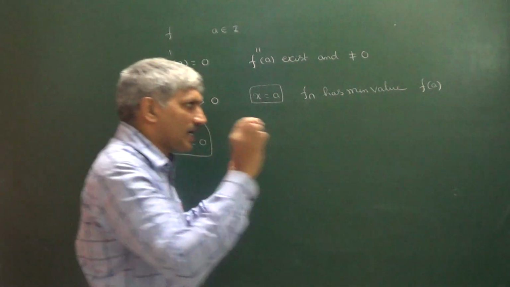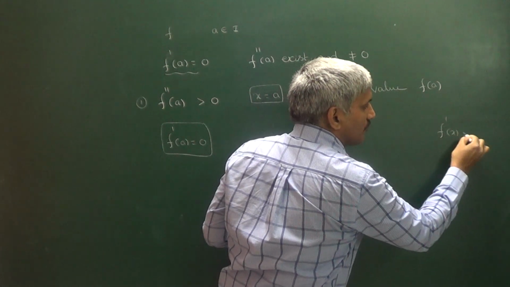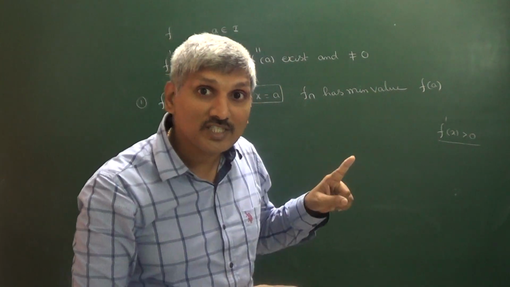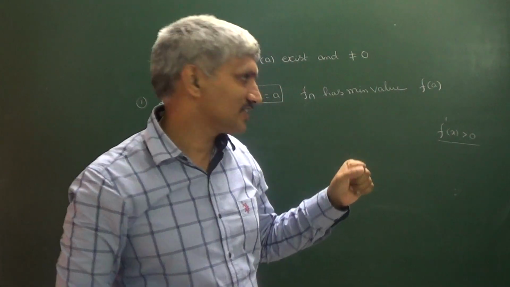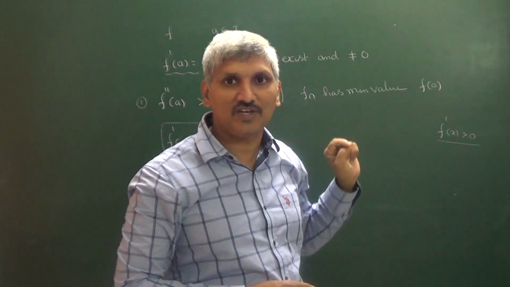And once again, f dash of x greater than 0 means what are we saying? The function is an increasing function. Which function? f of x is an increasing function. f dash of x greater than 0 means f of x is an increasing function.